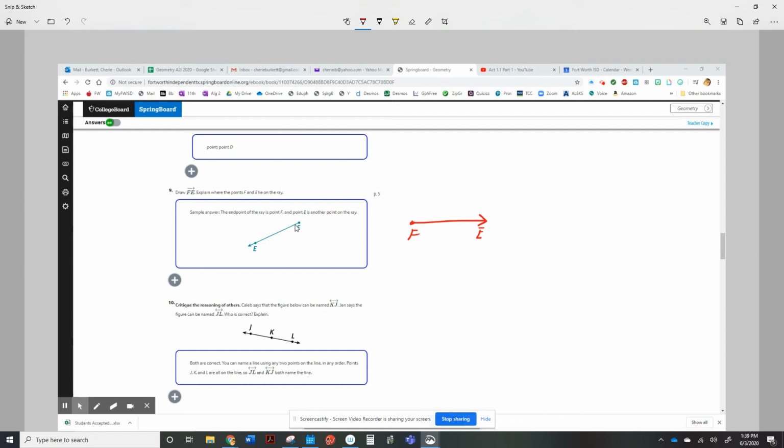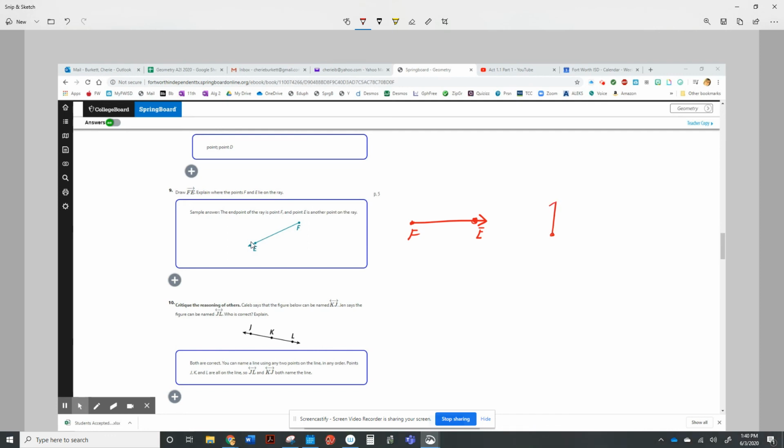Okay, and so for this ray right here, the end point is at F, and E is the other point that's somewhere along the ray. It's somewhere out towards the arrow. So I actually should have put another dot here. Your FE could have looked like that.